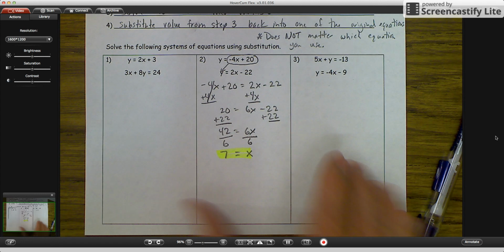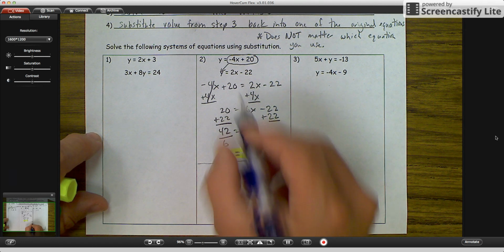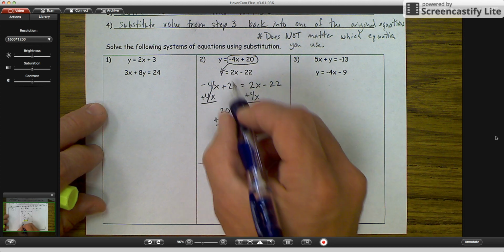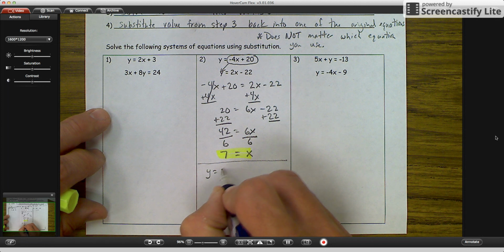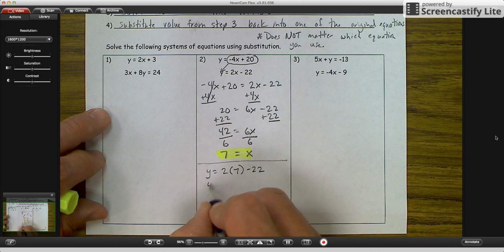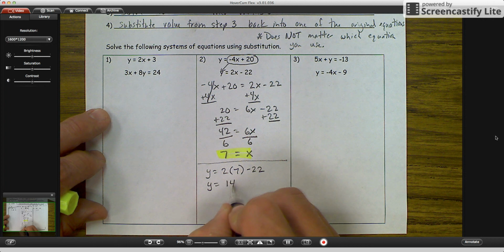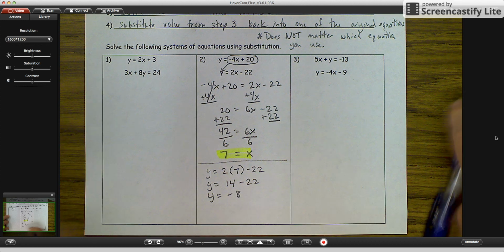Then we're going to take that and substitute it back in. I'm going to substitute it back into the second equation because I like my x being positive, the coefficient of the x. So y is equal to 2 times 7 minus 22. So y equals 14 minus 22. Y equals negative 8.